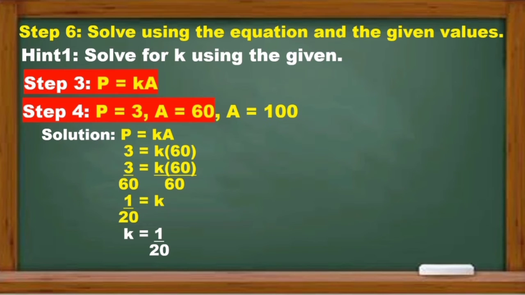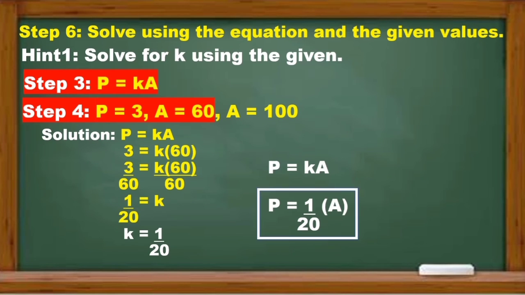P is equal to k times A. The value of P is 3, so 3 is equal to k times the value of A, which is 60. Then, to cancel 60, divide both sides by 60. By simplifying, the value of k is now 1 over 20. From P is equal to k times A, it becomes P is equal to 1 over 20 times A.